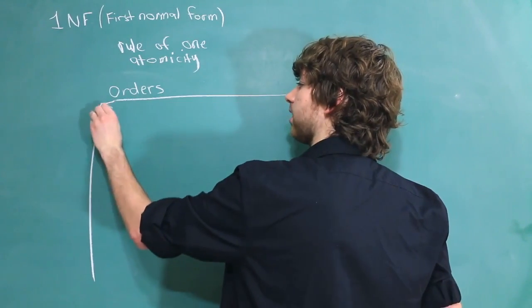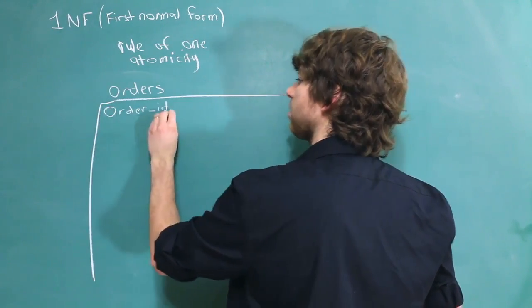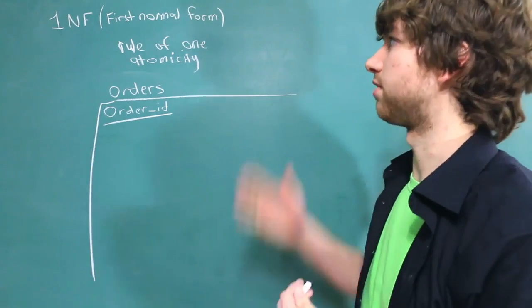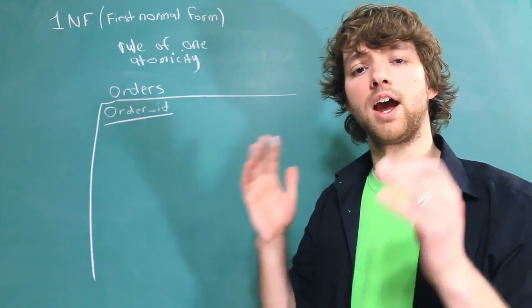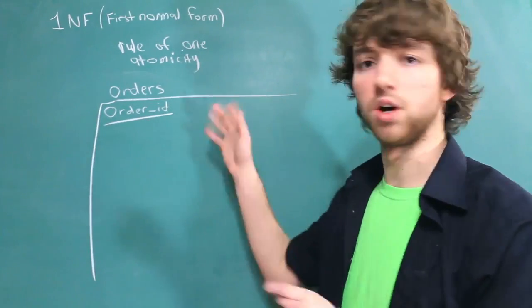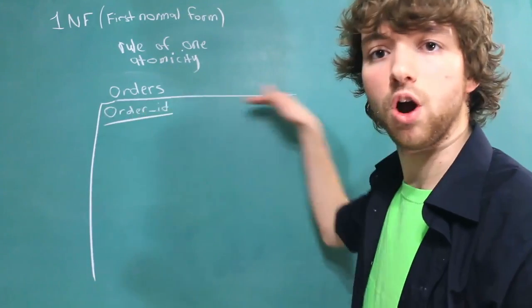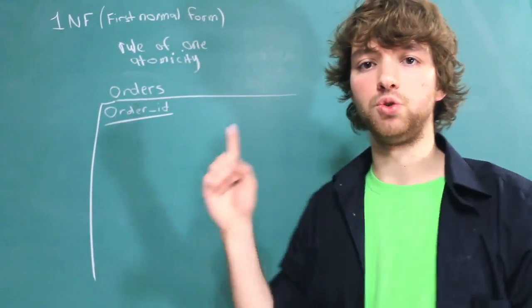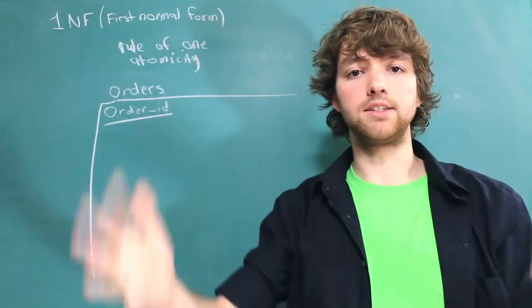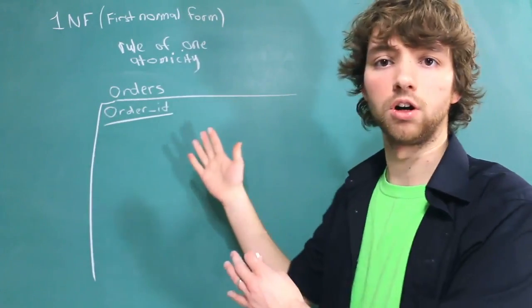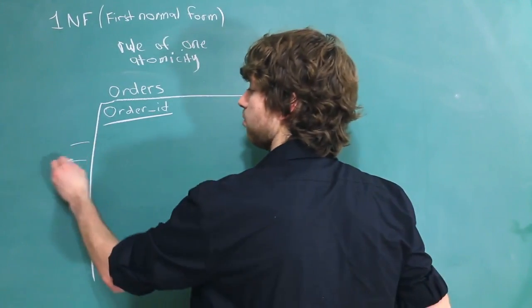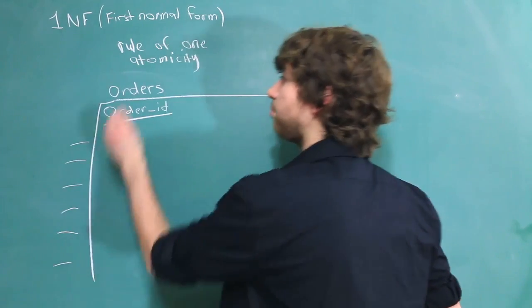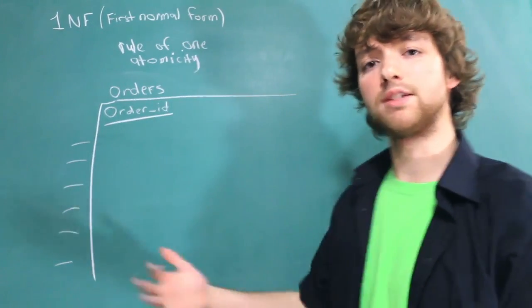Inside of the orders table, we could have an order ID, and this column is super important when it comes to first normal form. Just like how one thing is described by one column, each row needs to point to one individual instance, or one individual order. So each row inside of this table is going to be an example of an order, one instance of an order.